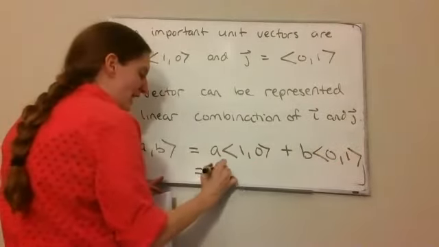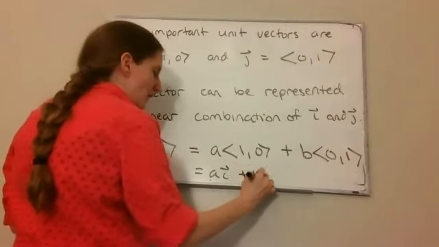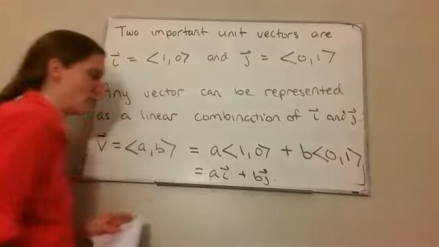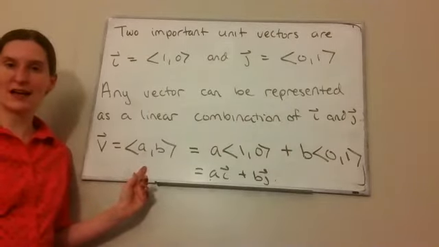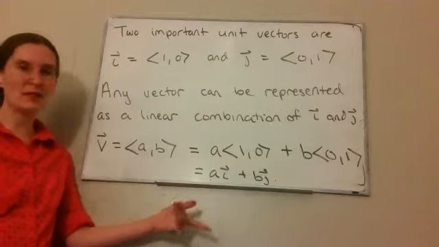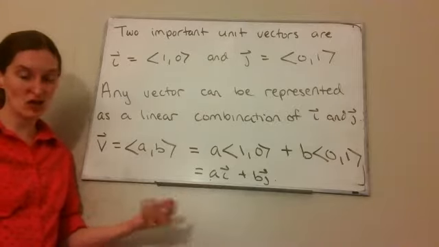So that is A times I plus B times J. So once you have the component form of any vector, you can write it as a sum of combinations of vectors I and J.